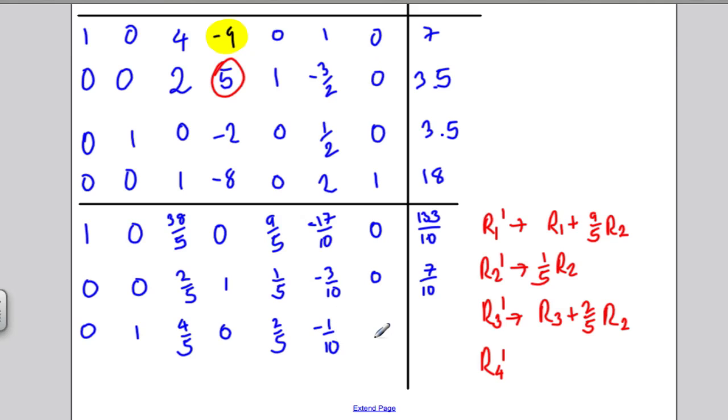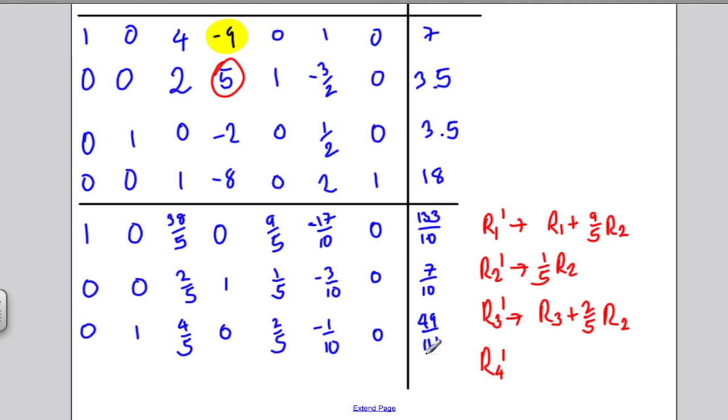This plus 2 fifths of that is still 0, and 3 over 5 plus 2 fifths of 3 over 5, 3.5 plus 2 fifths of 3.5 is going to be 49 over 10.